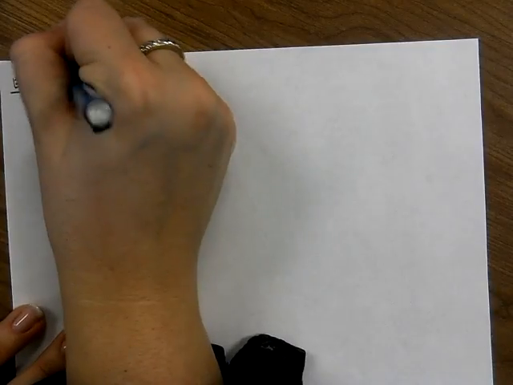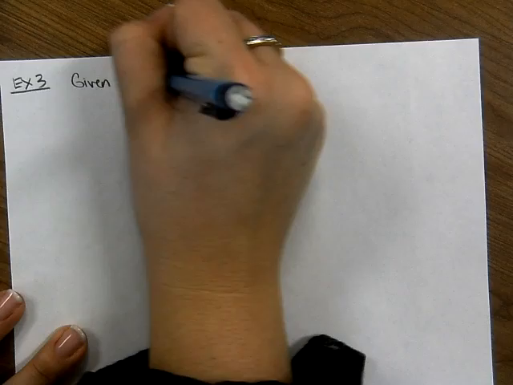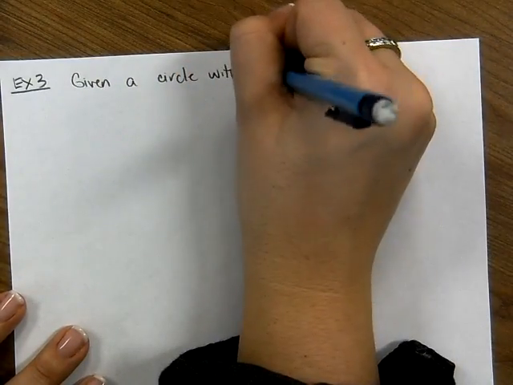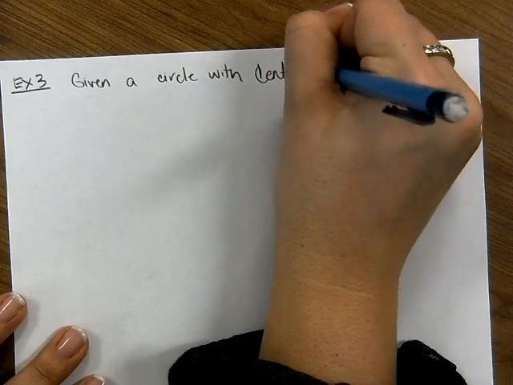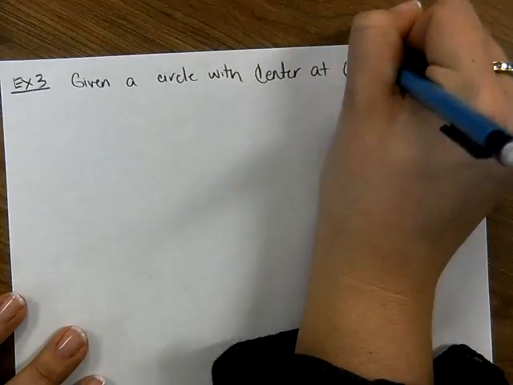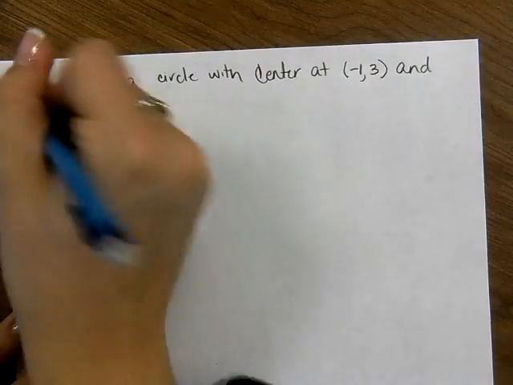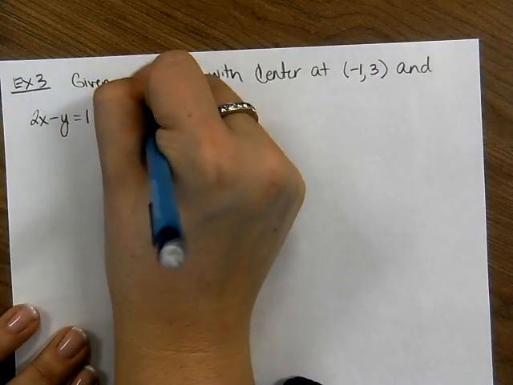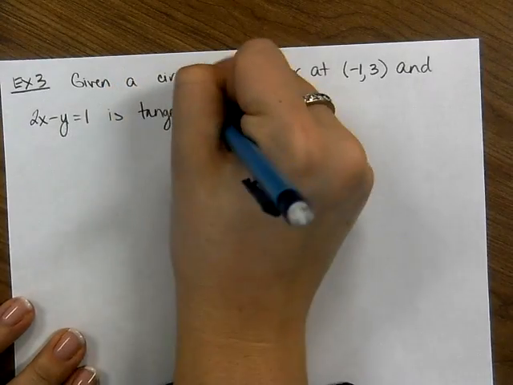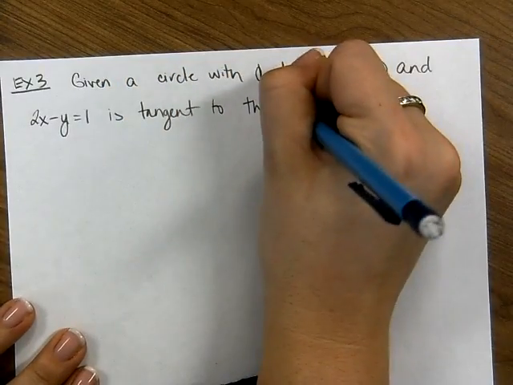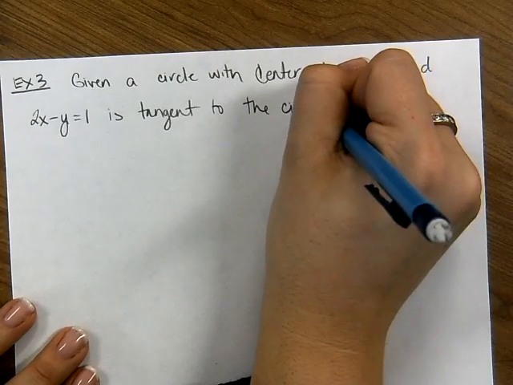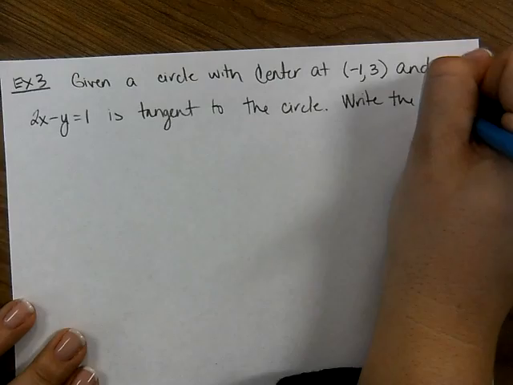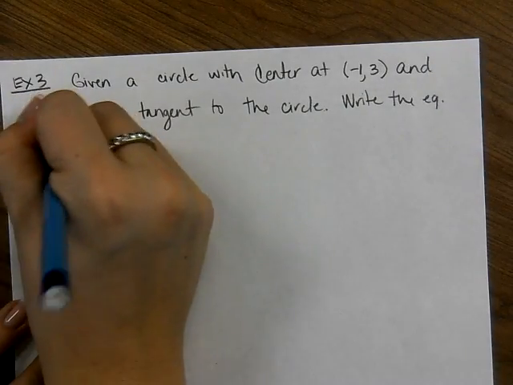Given a circle with a center at negative 1, 3, and 2x minus y equals 1 is tangent to the circle. Write the equation of the circle.